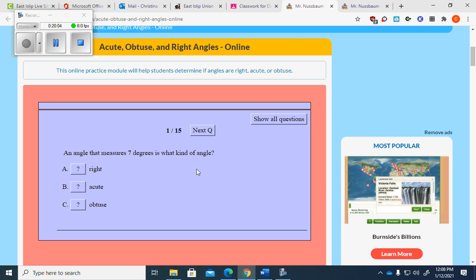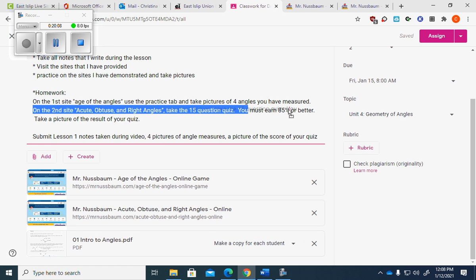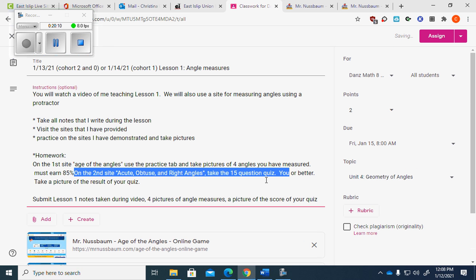And I say that you must earn 85% or better. So be careful when you're taking that quiz. You can't just click away and get it wrong. Get them right, and then at the end it'll tell you your quiz results, so please take a picture of your results.